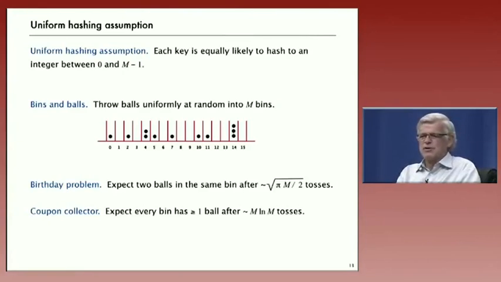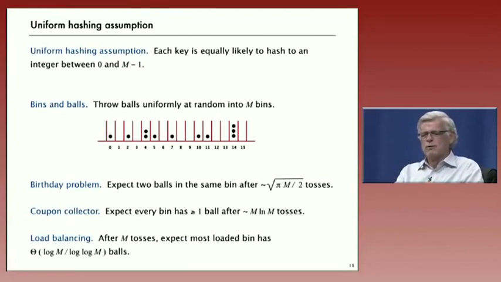And those are just examples of classic results from combinatorial analysis that help us understand what happens when we do this, which is what we're doing with hashing. And we'll look at more advanced versions of these problems when we want to study hashing. In particular, it's known that after you've thrown m balls into the m bins, then the most loaded bin has about log m over log log m balls.